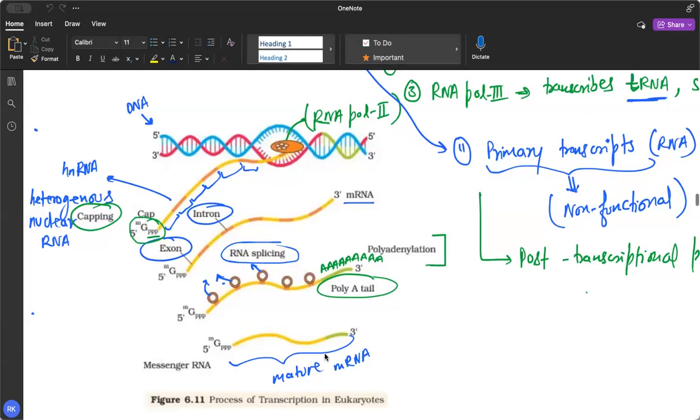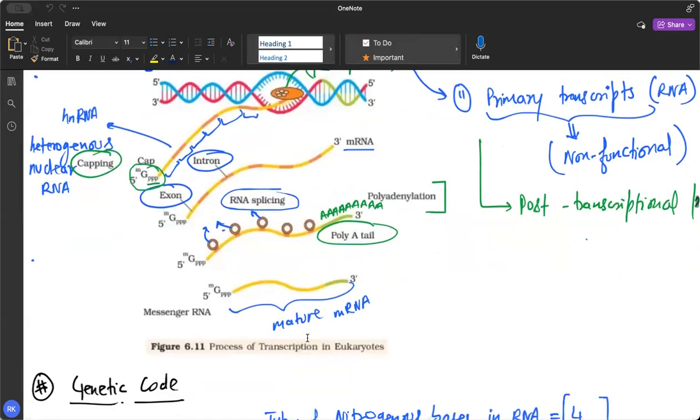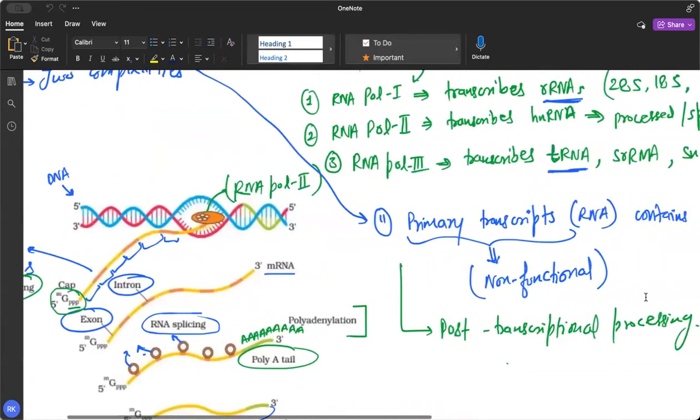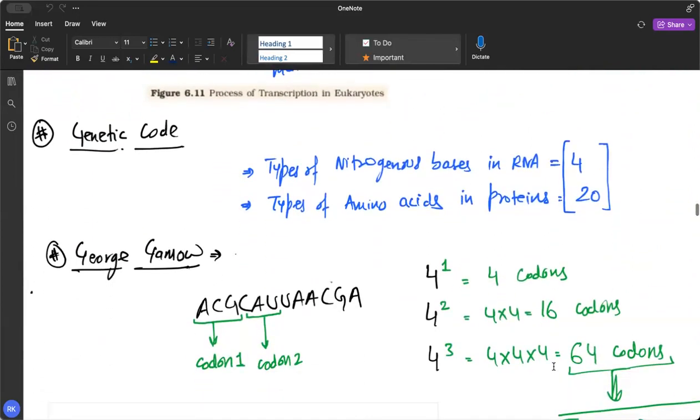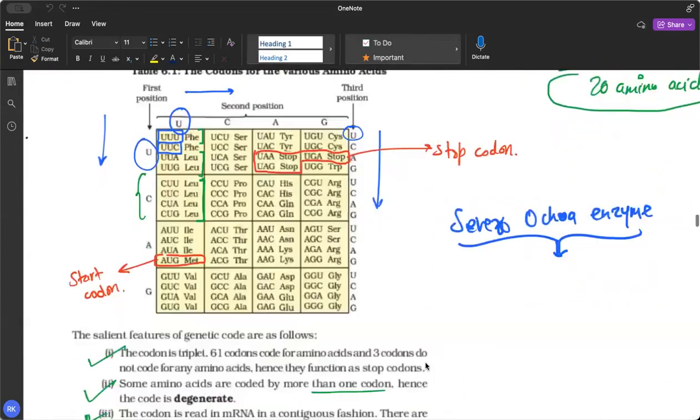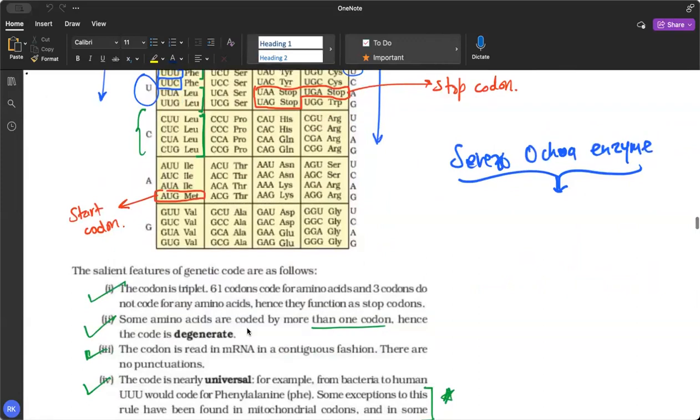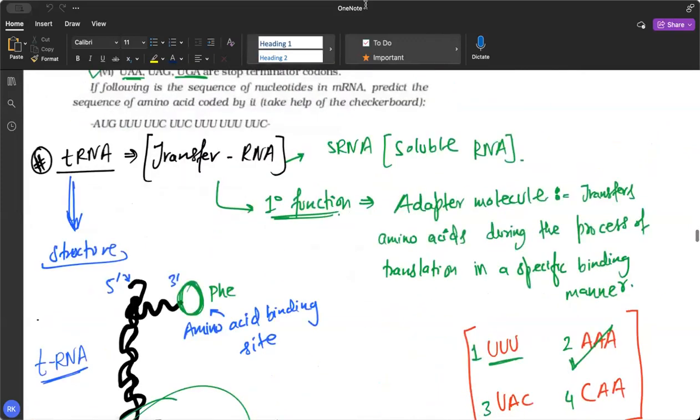And then this mature mRNA, messenger RNA, leaves the nucleus and goes into the cytoplasm. And then the translation starts. So long journey. So post-transcriptional processing is very important, and it is the difference between the two. Okay, cool. So let's go and do some questions.